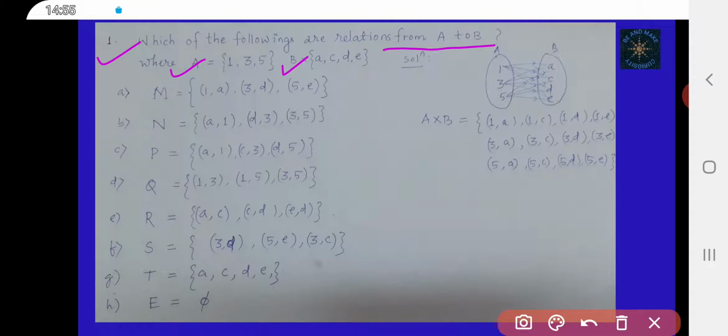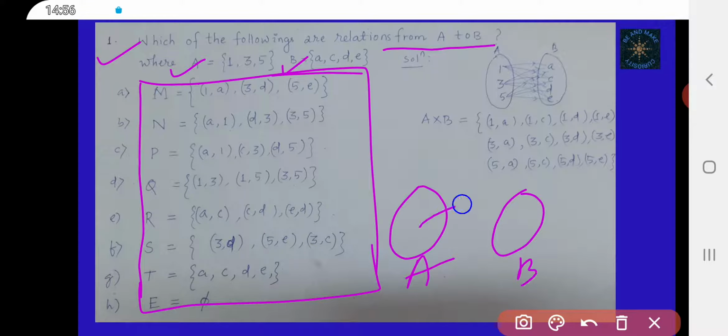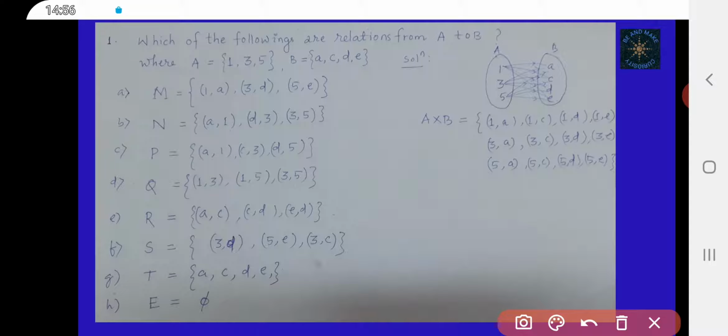Then we have to find out which of the following are relations from A to B. So we have to find out A cross B. You know how to write the elements of A cross B. Yes, so these are the elements of A cross B.